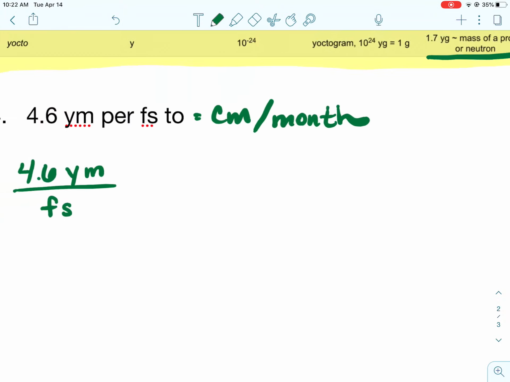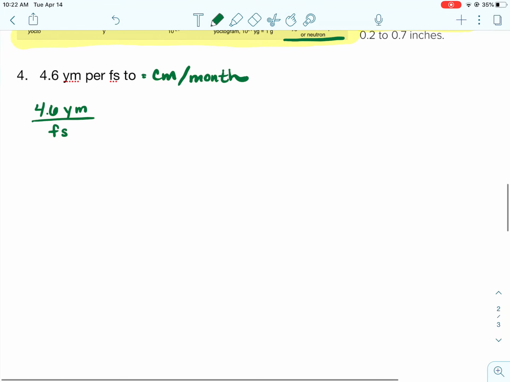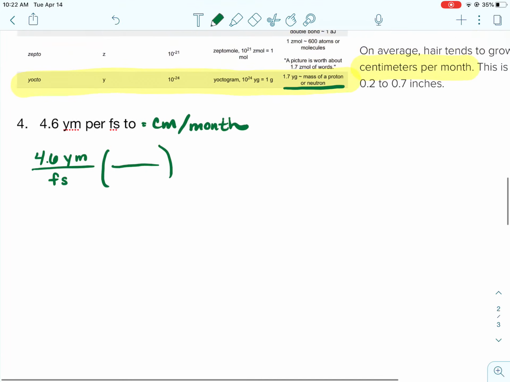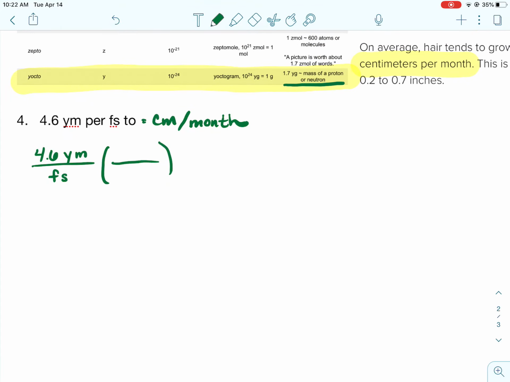Okay. So let's start with 4.6 yoctometers per femtosecond. Okay, so let's do our first conversion fraction, and let's just change the yoctometers. So for yocto, I want to cancel yoctometers, so I'm going to put 10 to the 24th yoctometers and 1 meter.